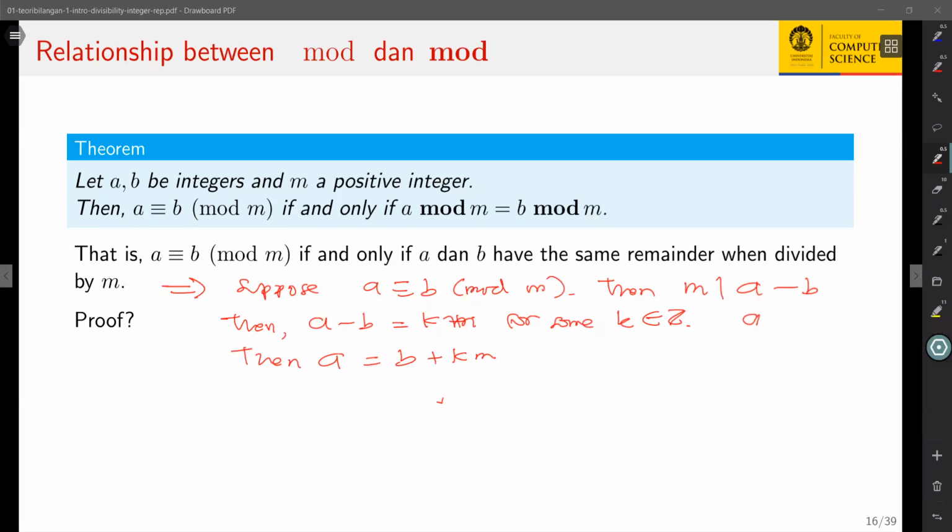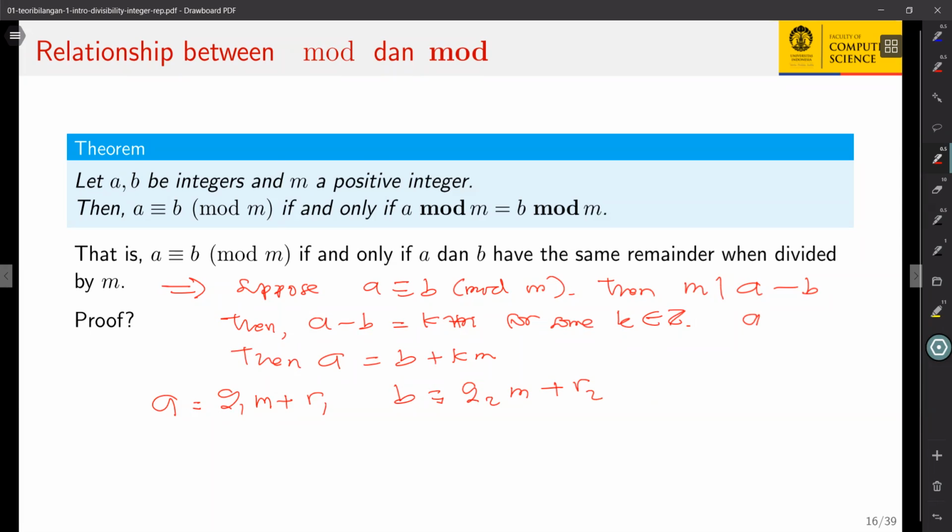So A, obviously, by the division algorithm, is Q1 times M plus R1, yeah, and then of course B is Q2 times M plus R2, right?